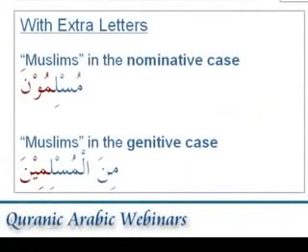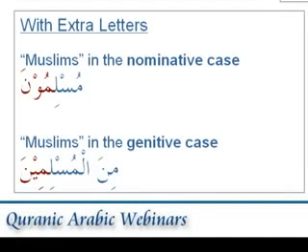And another example is where extra letters are used to indicate the i'rab, i.e. what's happening, the inflection taking place. So here we've got the word muslimuna and muslimina, and both of them are plural for a collection of male Muslims.